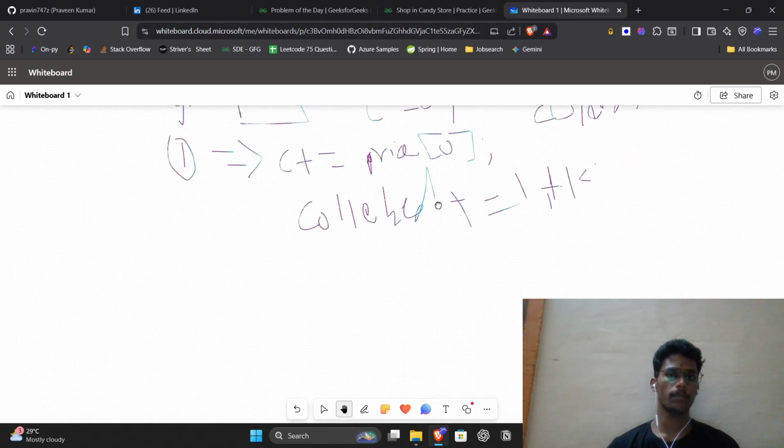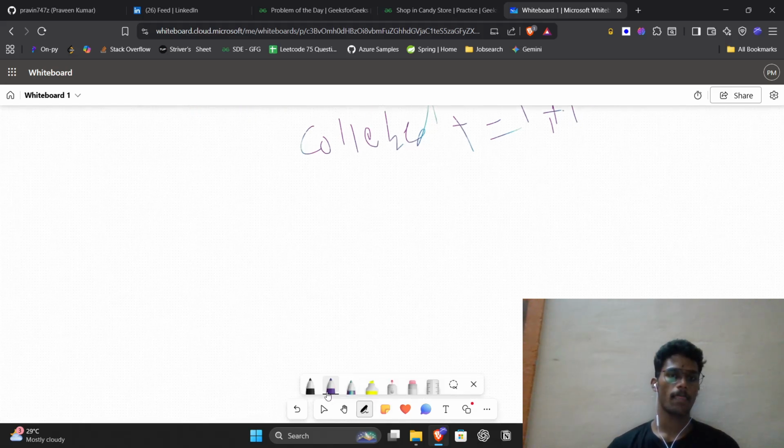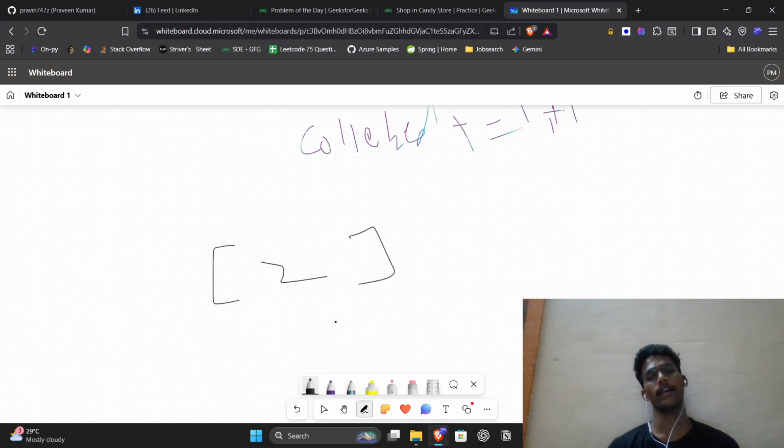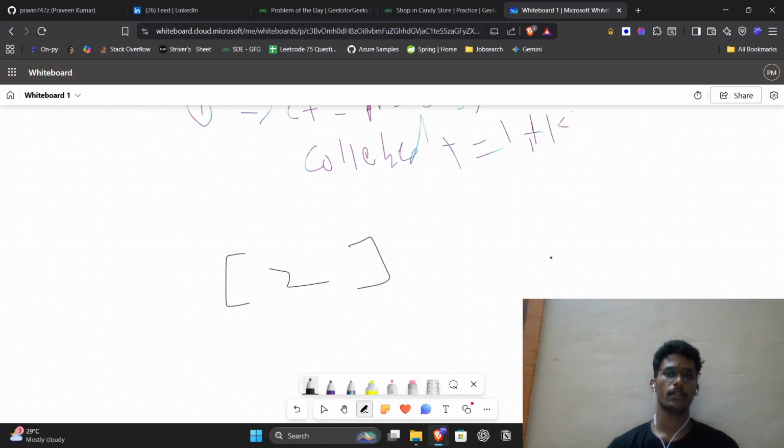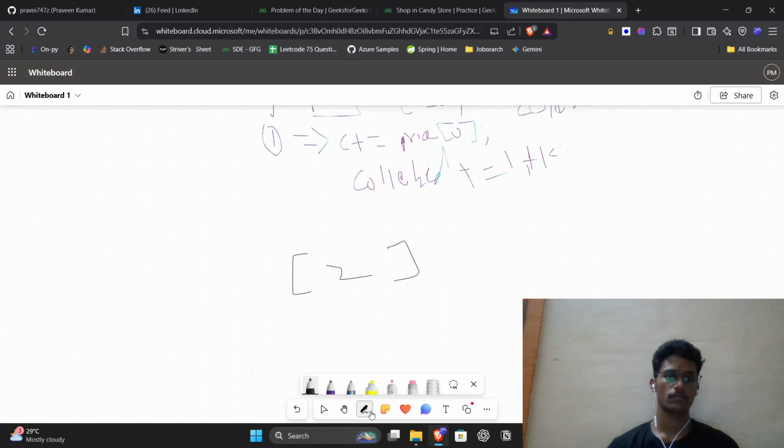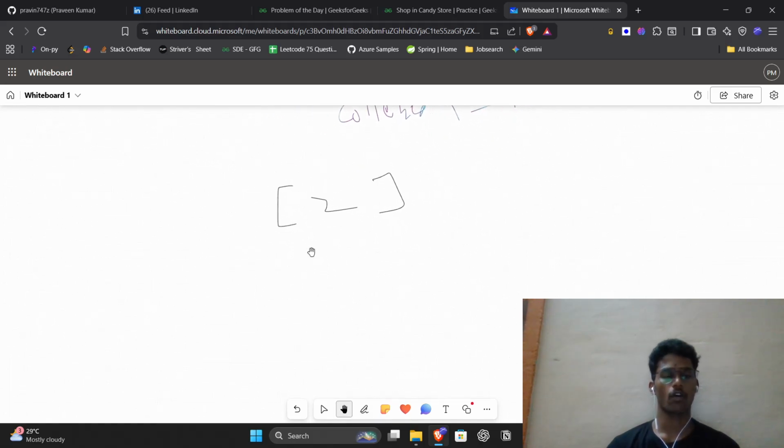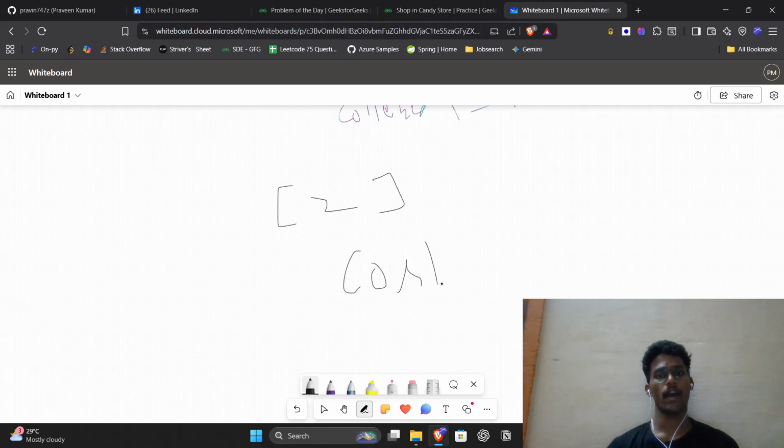In the next step, I have an array which consists of only one candy. So the cost is, I have to collect this, which is 2. The cost is 2.